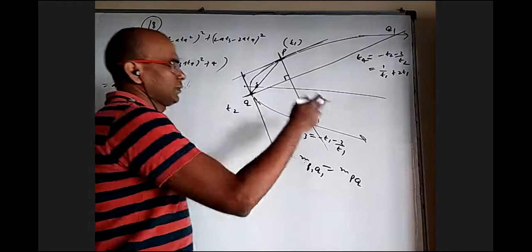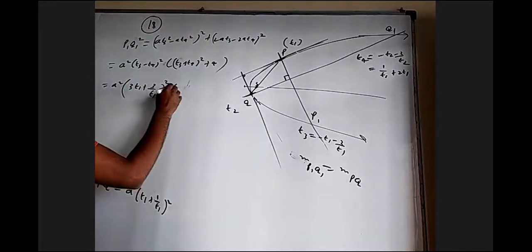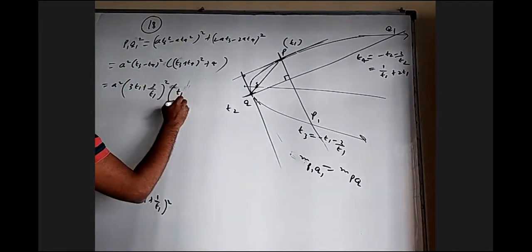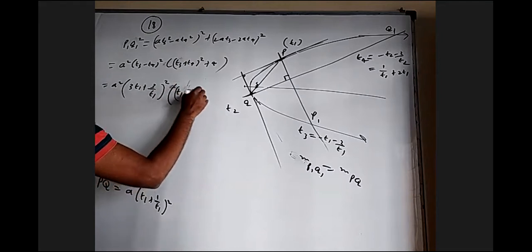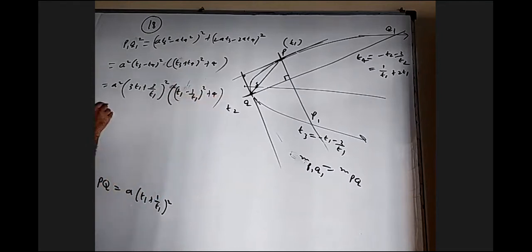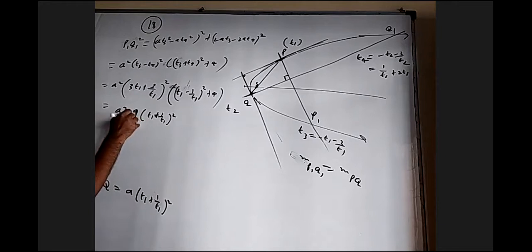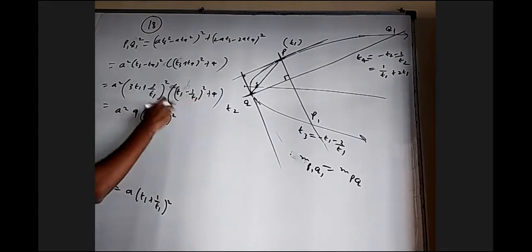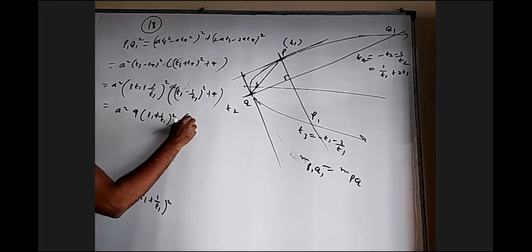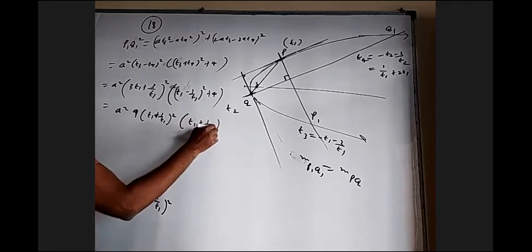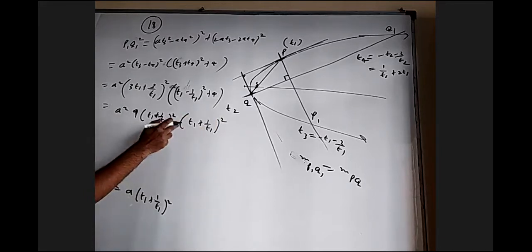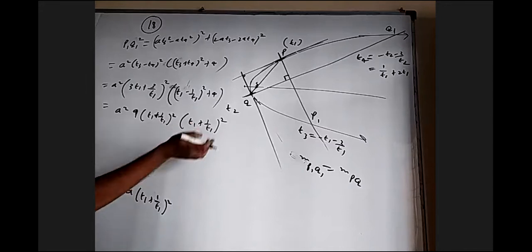Now add them: t1 plus 1 by t1, t1 minus 1 by t1 whole square plus 4a square, 9 common, t1 plus 1 by t1 whole square. (a minus b) whole square plus 4ab is (a plus b) whole square. So that is going to be t1 plus 1 by t1 whole square. So this and this and this are the same.